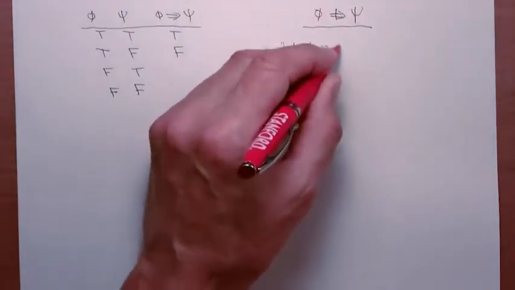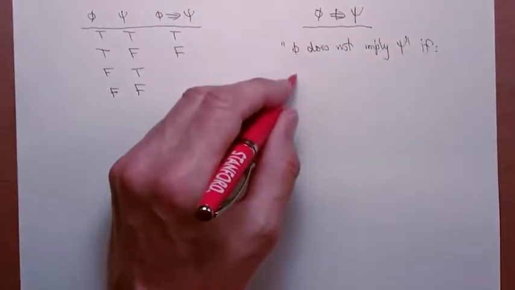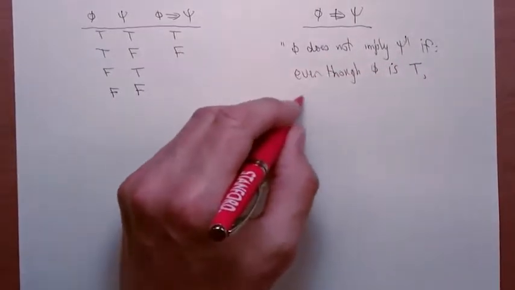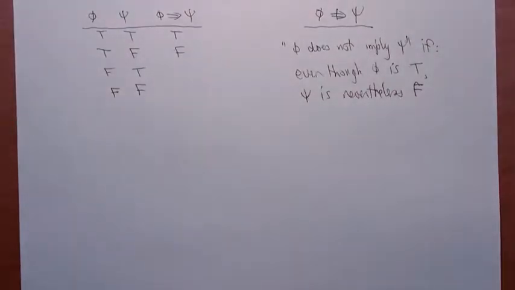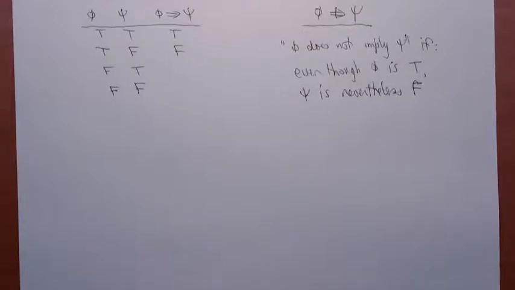Well, phi does not imply psi if, even though phi is true, psi is nevertheless false. Just think about that for a minute. Phi does not imply psi if, even though phi is true, psi is nevertheless false.